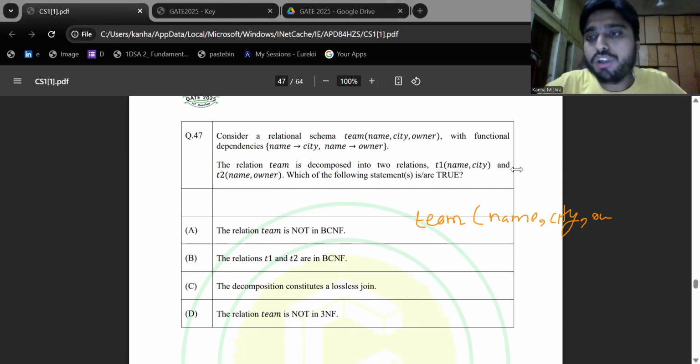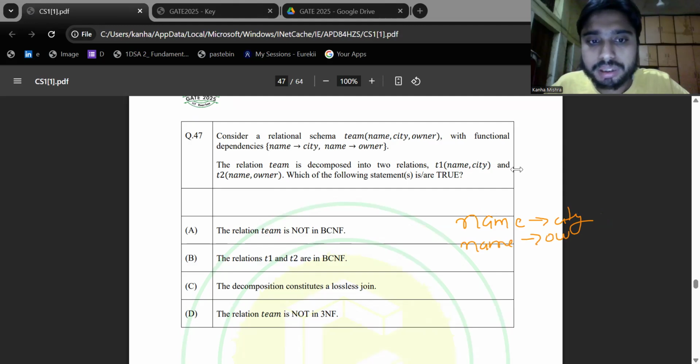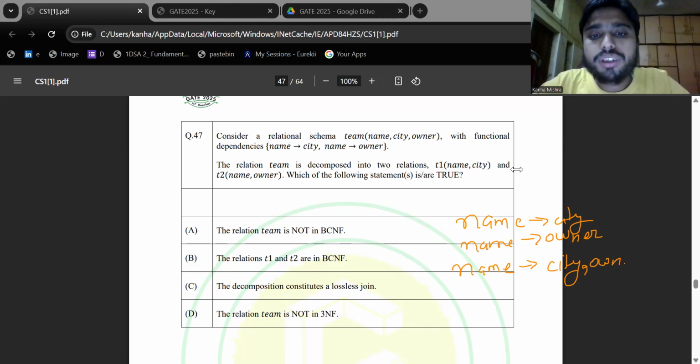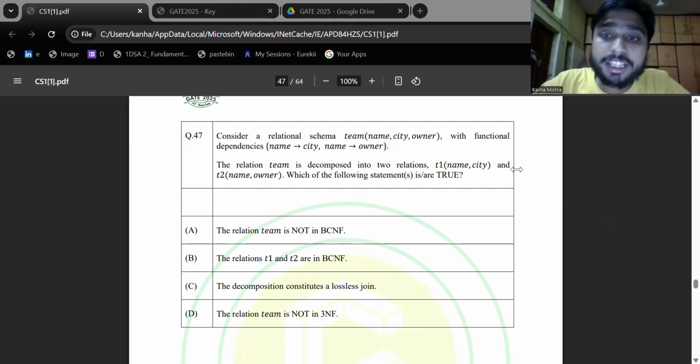This schema has the following functional dependencies: name implying city, name implying owner. Together, they imply that name implies city, owner. So name uniquely determines both city and owner. This is what we can figure out.